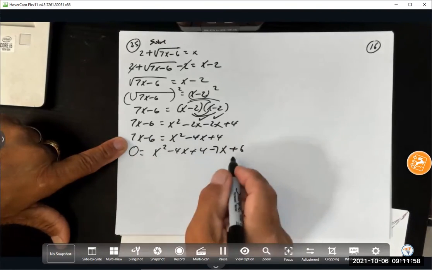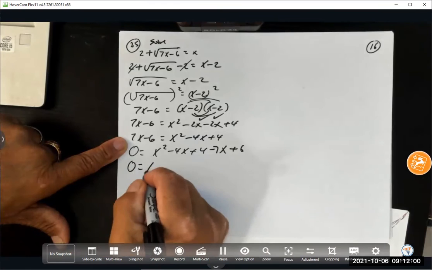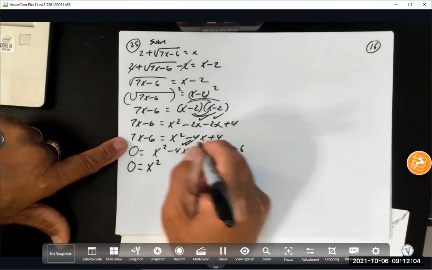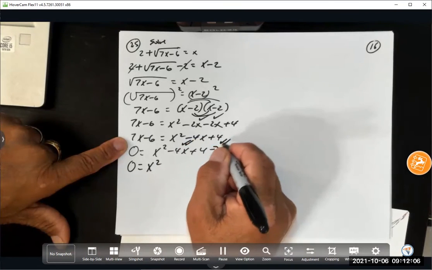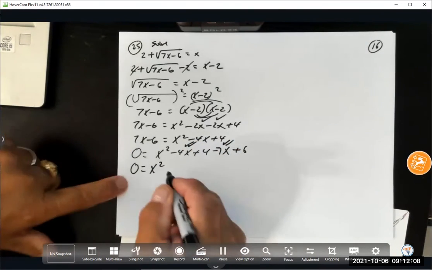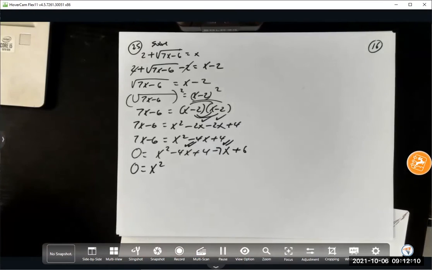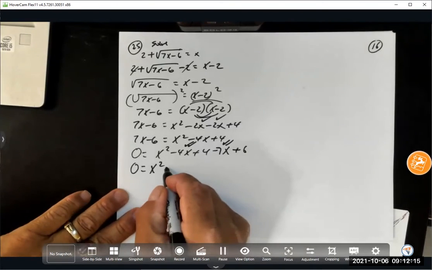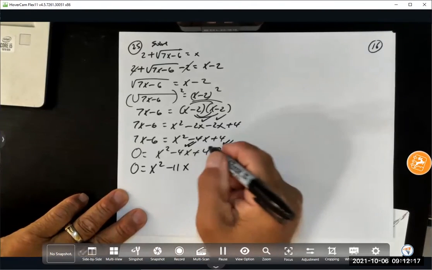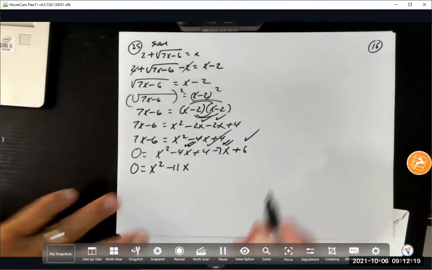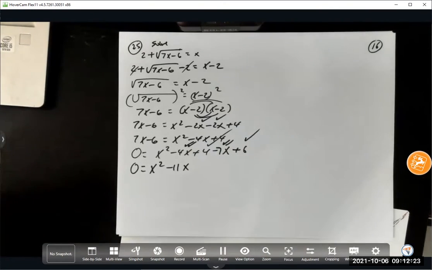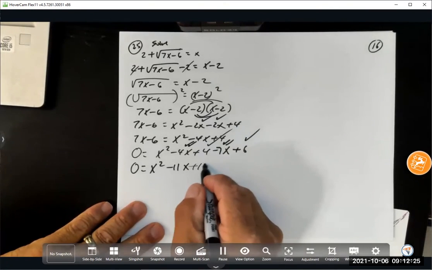Just change the signs. So now, the hard part. What is a negative 7 and a negative 4? Negative 4, negative 7. How much is that together? You tell me. It's negative 11. Yes, good job. And what is 4 plus 6 in your calculator? 10. Good answer.